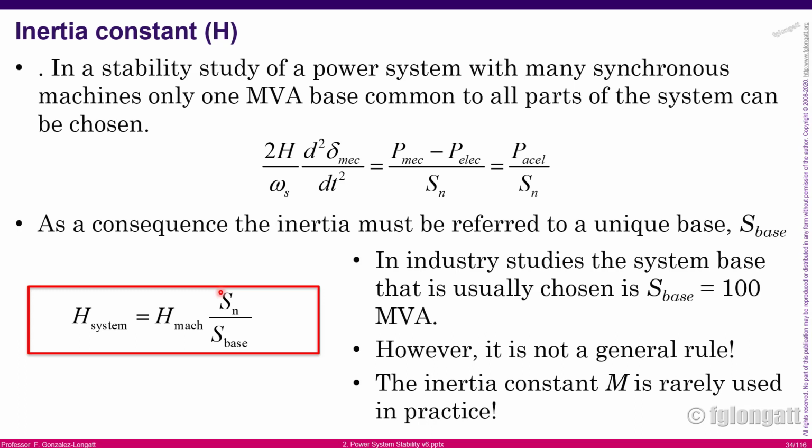Why do we prefer to use the inertia constant H instead of M or J or I? Well, there are many reasons, but one of the things that you must understand is that the inertia constant is a more electrical, or more power system, parameter, because it's relating the kinetic energy that you store in your rotors at synchronous speed with the rated power of your generation unit.